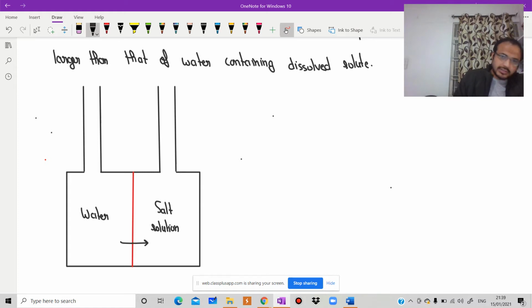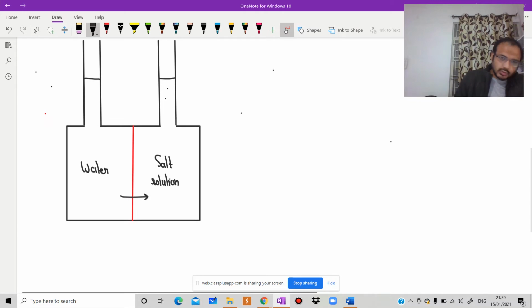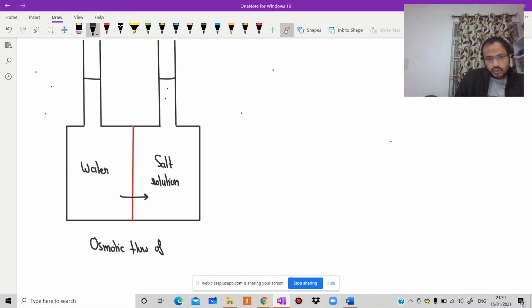From this side to this side, osmotic flow of water.